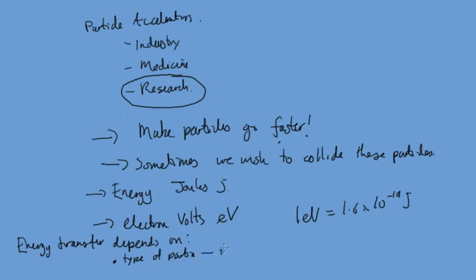These could be ions, electrons, protons, etc. And they all have different charges and they have different masses. The speed we require to accelerate to. And also the purpose of the experiment.